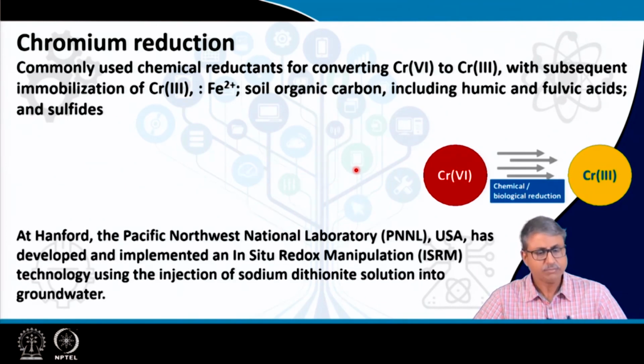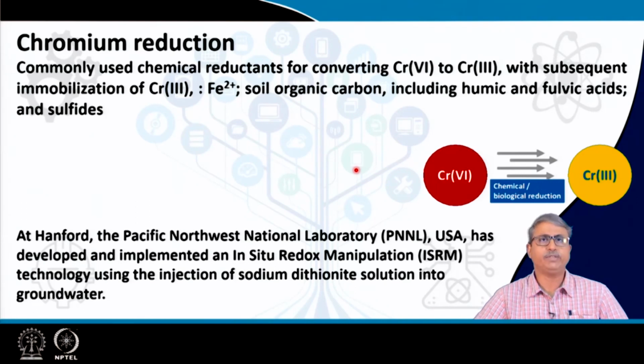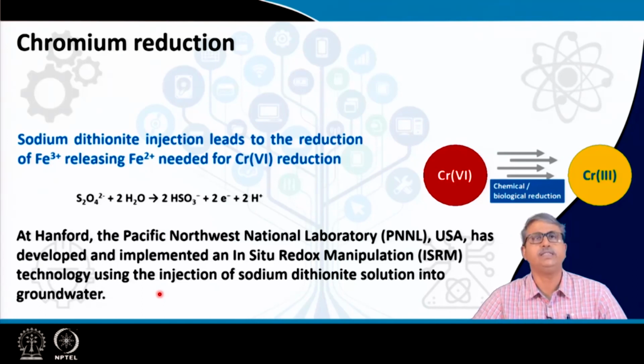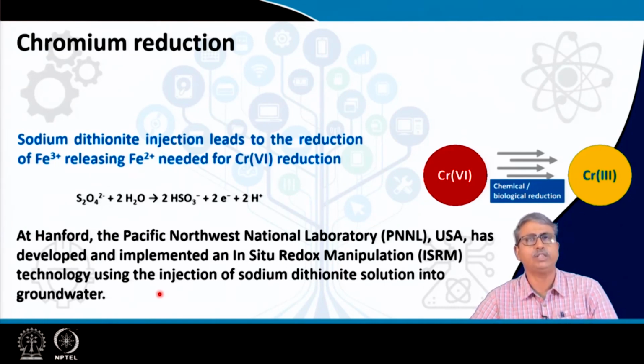Now, this particular approach was taken at the Hanford site as well. The Pacific Northwest National Laboratory, PNNL, USA, has developed and implemented an in situ redox manipulation technology, called ISRM technology, using the injection of sodium dithionite solution into the groundwater. Now, what is the job of the sodium dithionite? Sodium dithionite injection into the aquifer leads to the reduction of Fe3+ releasing Fe2+, which is needed for the chromate reduction.